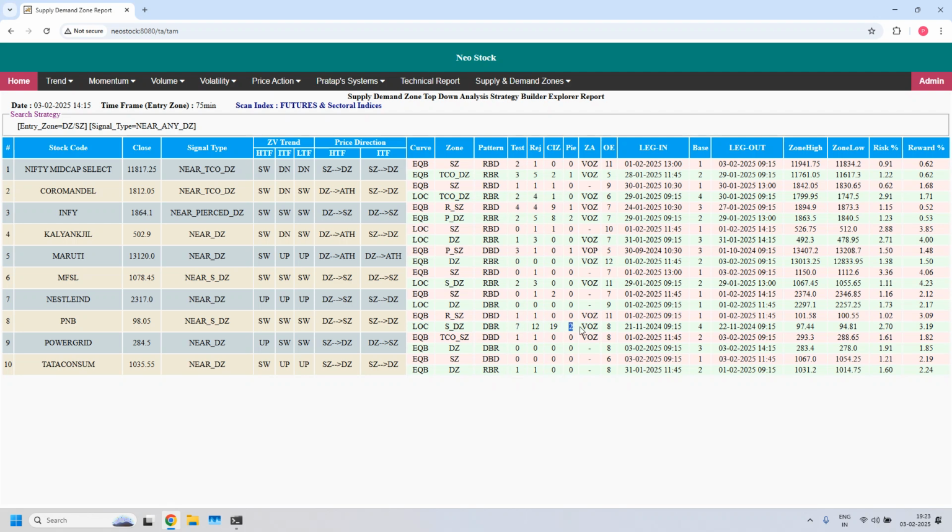PNB is a pierced zone, you can't use it because it is a high liquidity zone. If anybody wants to see any traps or lower time frame zone horizon, that way you can look into that zone in case. So we have only one high liquidity zone from this list. MFSL, that's it.